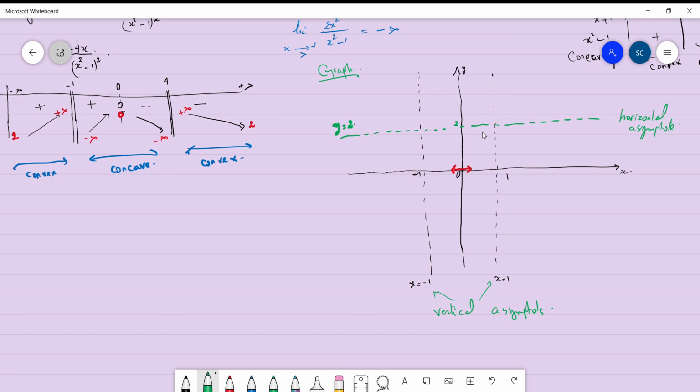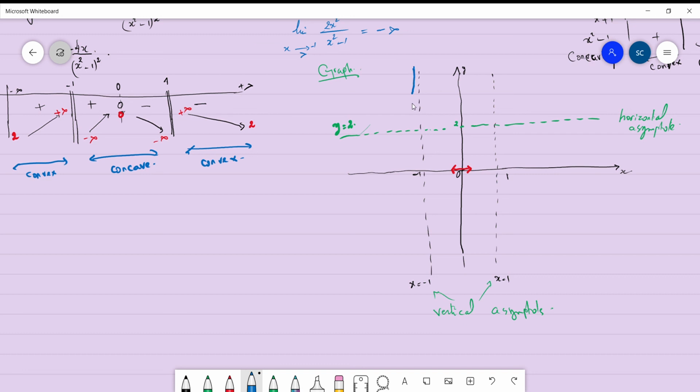Convex, we said smiley curve, smiley shape. Now it is clear that the graph of the curve will not meet the asymptote because my function is not defined at minus 1. So here for sure we will have a behavior like that, something like that.